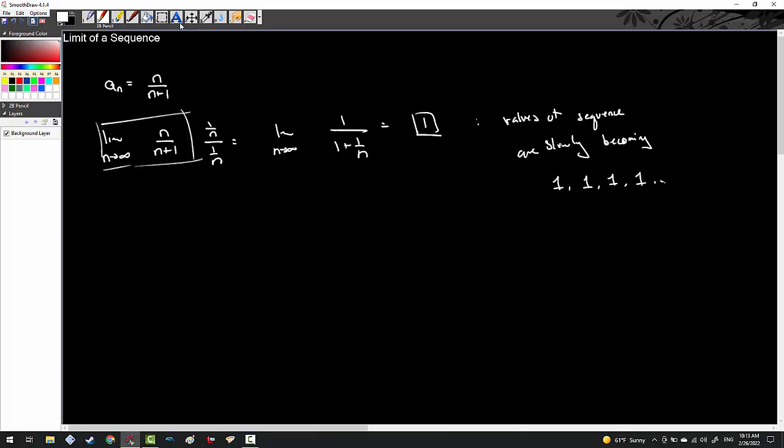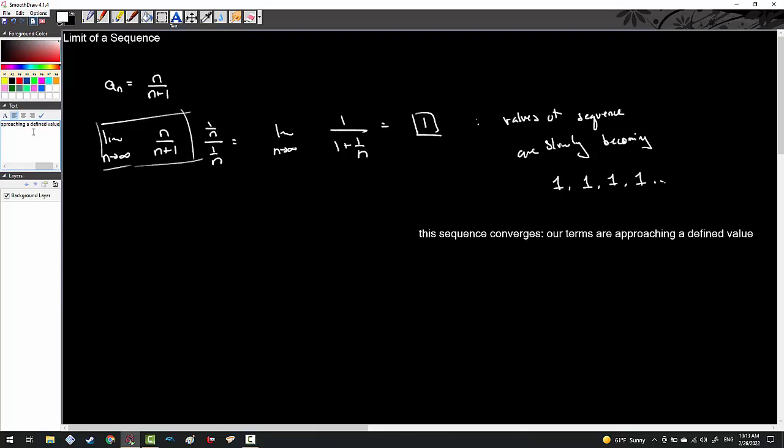And so what we say about this sequence is that the sequence actually converges. This sequence converges, and that is because our terms are approaching a defined number or a defined value.